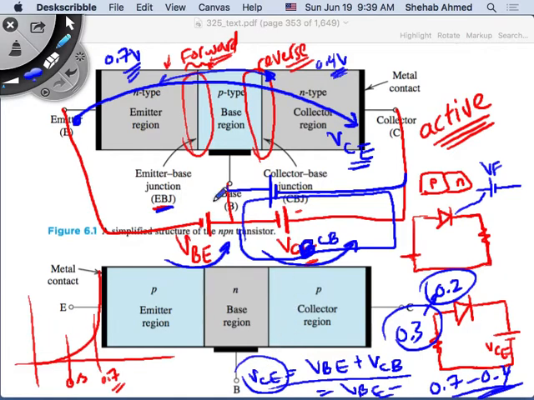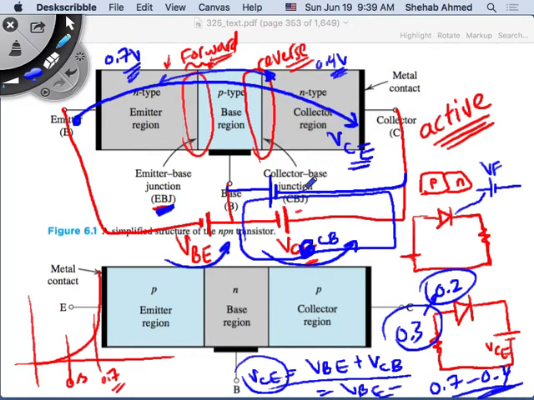Not cutoff. Cutoff means both junctions are reverse biased. If both junctions are reverse biased, nothing is happening, so current will not flow. Remember, we designed the emitter base junction to have a different barrier voltage than the collector base junction.